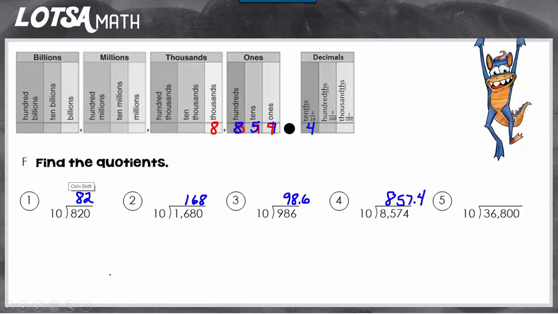You may begin to see a pattern forming as you've been solving these problems. Let's look at the relationship between the dividend and the quotient. The dividend was 820 and the quotient was 82. On this one, the dividend was 1,680 and the quotient was 168. On this one, we have 986 as the dividend and the quotient is 98.6.